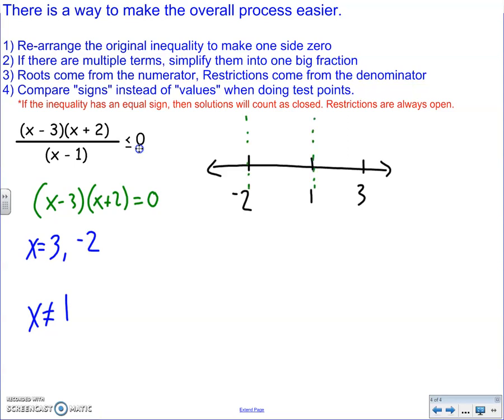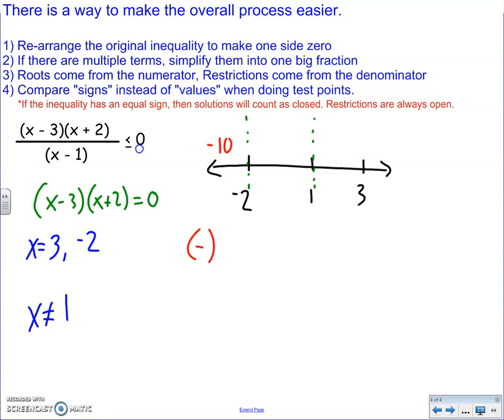Let's test negative 10. All right, well, I plug negative 10 for x right here, right here, right here. You could say, oh, that's negative 13 times negative 8 over negative 11, but I'm doing the signs instead of the values. So negative 10 minus a number gives me a negative.